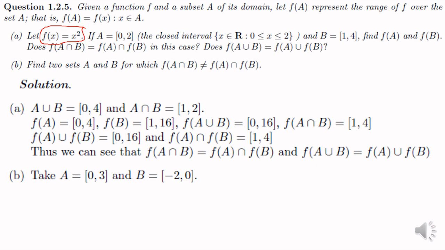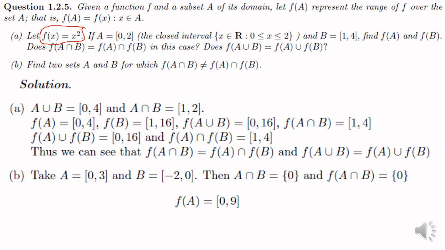So fA, with this function f of x equal to x square, will be 0, 9. And fB will be: the square of this is 4, the square of this is 0. So it will be the interval 0, 4 for fB.